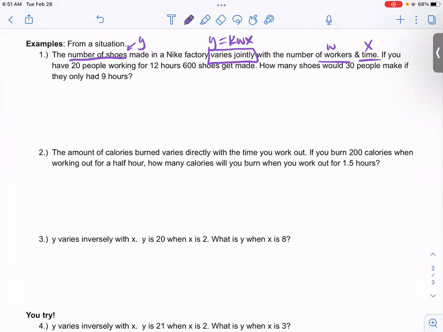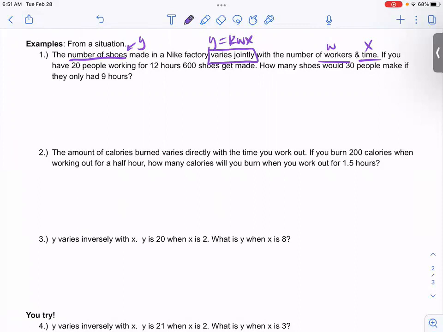As you get through the equation here, you have to use the information you are given to solve for K, and then use the new equation you've created to solve for the missing variable. So if you have 20 people working for 12 hours, 600 shoes get made.